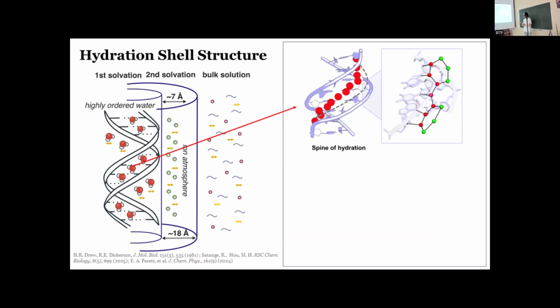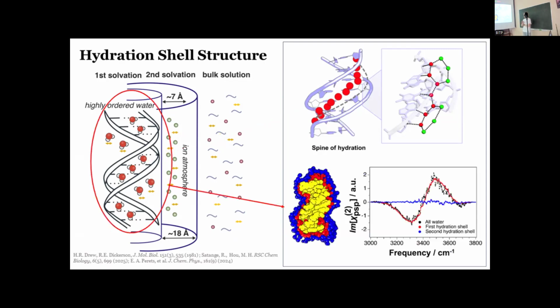But a recent study, which combined chiral sum-frequency generation spectroscopy together with MD studies, shows that DNA can structure water molecules in the entire first hydration shell, including the major groove, the minor groove, and also the area around the phosphate groups. Here on the graph, you can see the water molecules from the first hydration shell shown in red, and from the second hydration shell shown in blue.